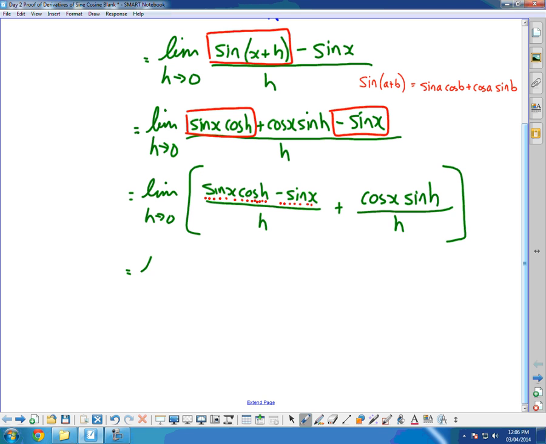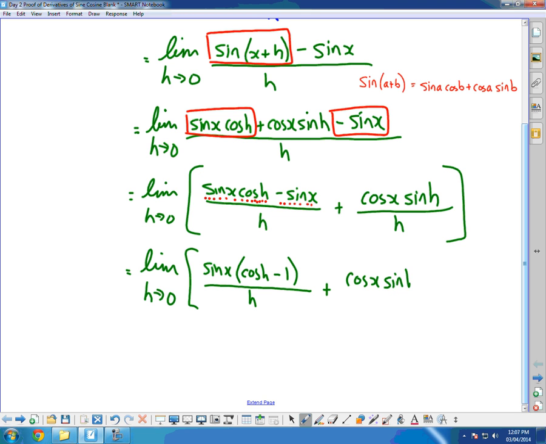So I'm going to take it out. If I take it out of the first term, I'm left with just a cos h. If I take it out of the second term, I'm left with a 1, all over h, plus cos x sine h over h.